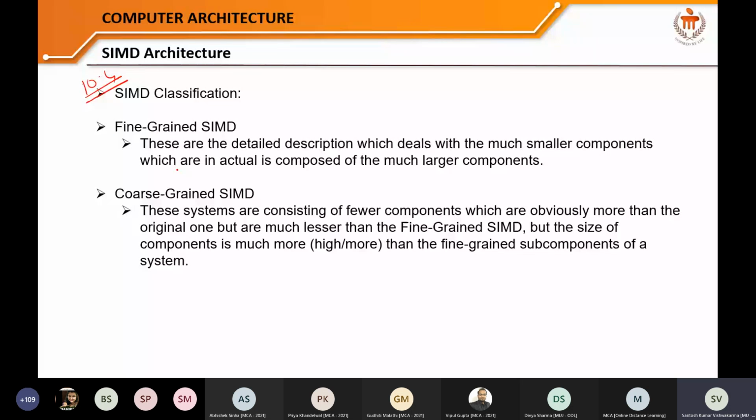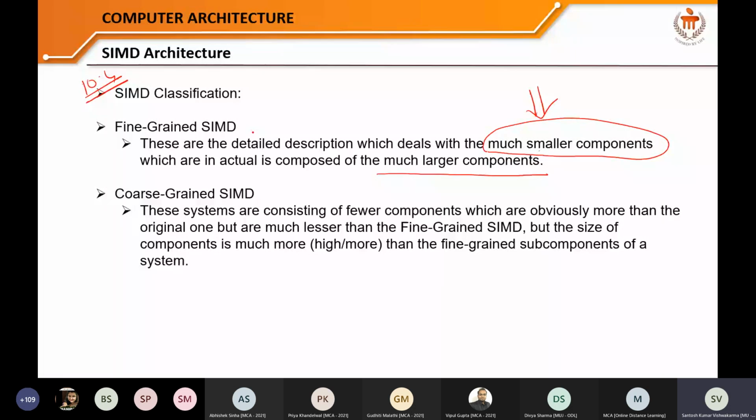These are the detailed descriptions which deal with much smaller components. This is the core of that, much smaller components which are in actuality composed of much larger components. So we are going to work with much smaller components in fine-grained SIMD structure.